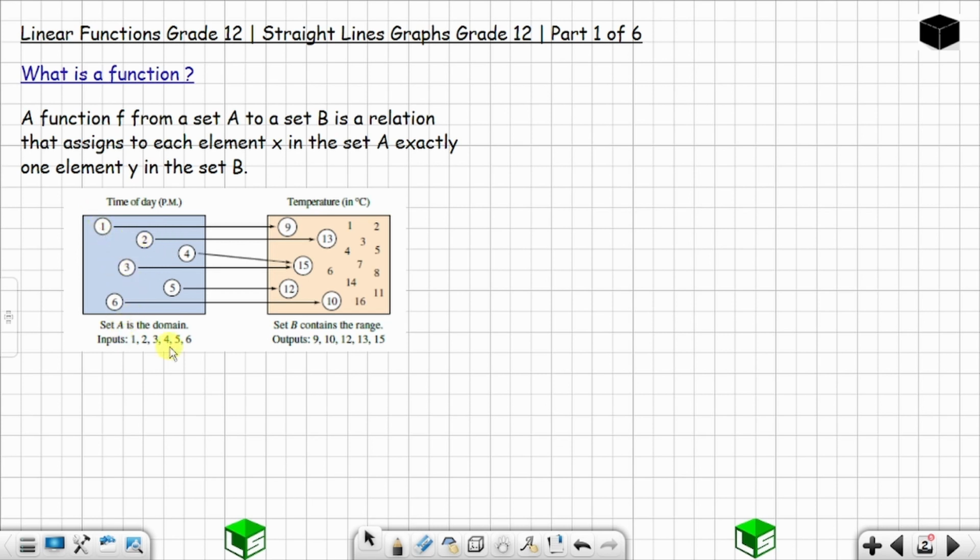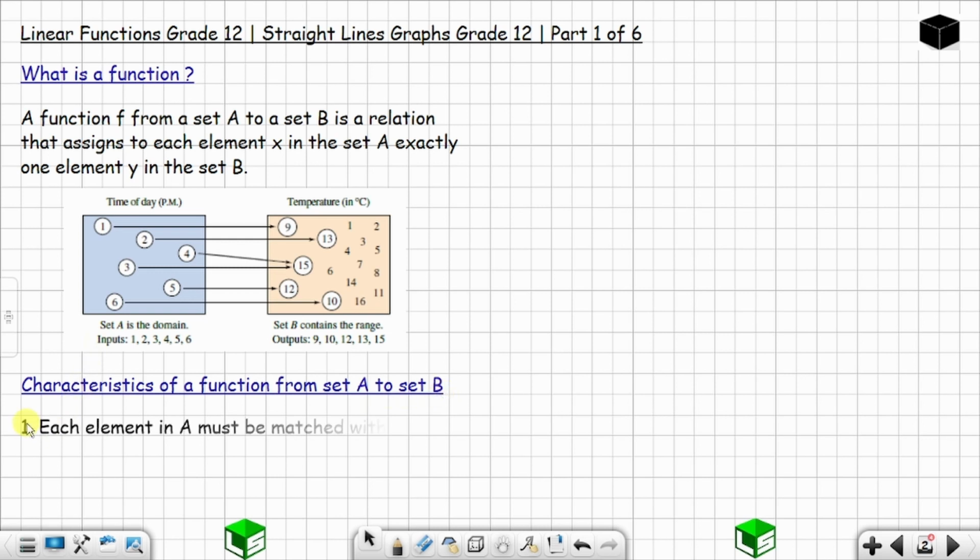So there are characteristics of a function which we have to look for. So we have the characteristics of a function from set A to set B. The first characteristic is that each element in A must be matched with only one element in B. If you look at the drawing above, you'll see that each element in A is matching with only one element in B. You can see, for example, 1 is matching with only 9 and 2 is matching with only 13.